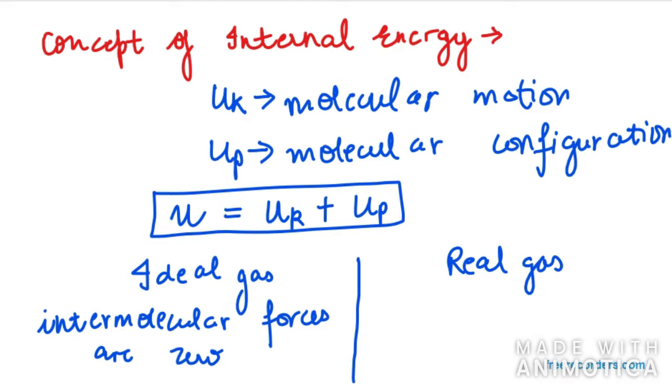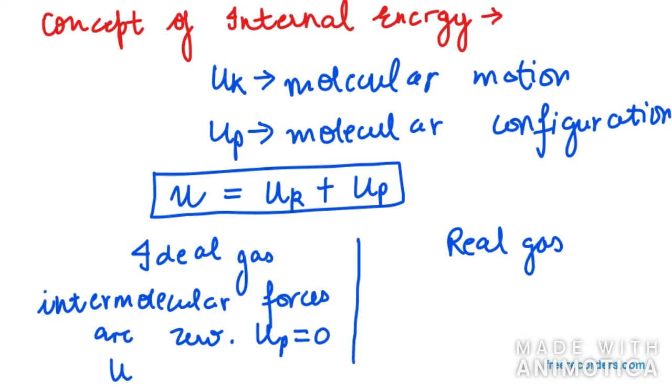So that means there won't be any work done, and UP equals 0. That means in the case of ideal gas it will be U equals UK. It will be only due to the molecular motion, not due to the molecular configuration.